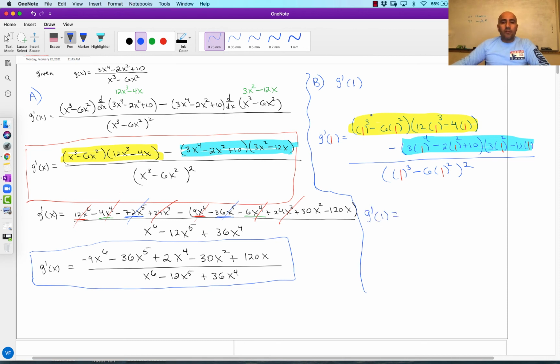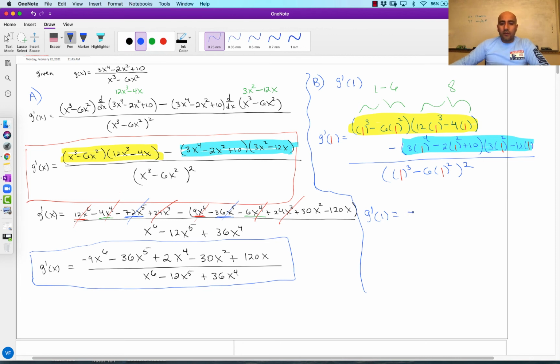That's going to be 1 squared minus, 1 cubed, that's just 1. 1 minus, this is really just 1 minus 6, which is going to be negative 5. And this is going to be 12 minus 4, which is 8. So 1 minus 6 gives you negative 5.